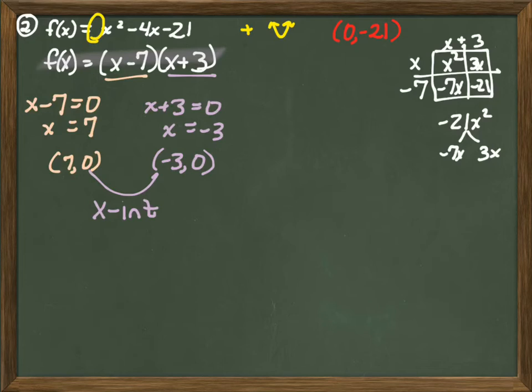And with what I have here, I could almost even graph it from that point. But let's go ahead and find the vertex. So when we find that vertex, I know that the x value is going to be in between these two.